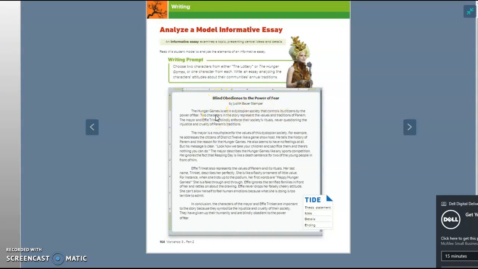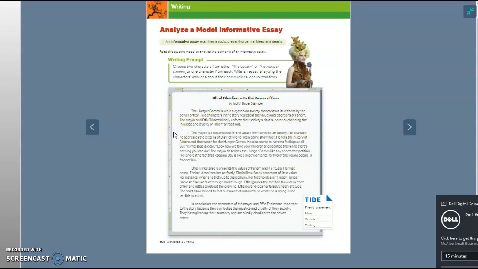I kind of like that sentence. So there's some blind obedience. Pretty much this whole thing is your thesis.